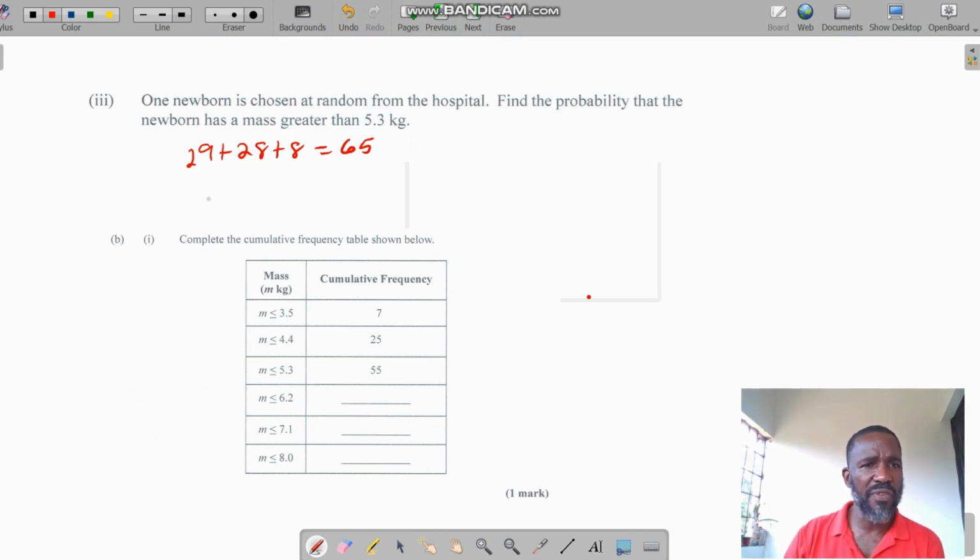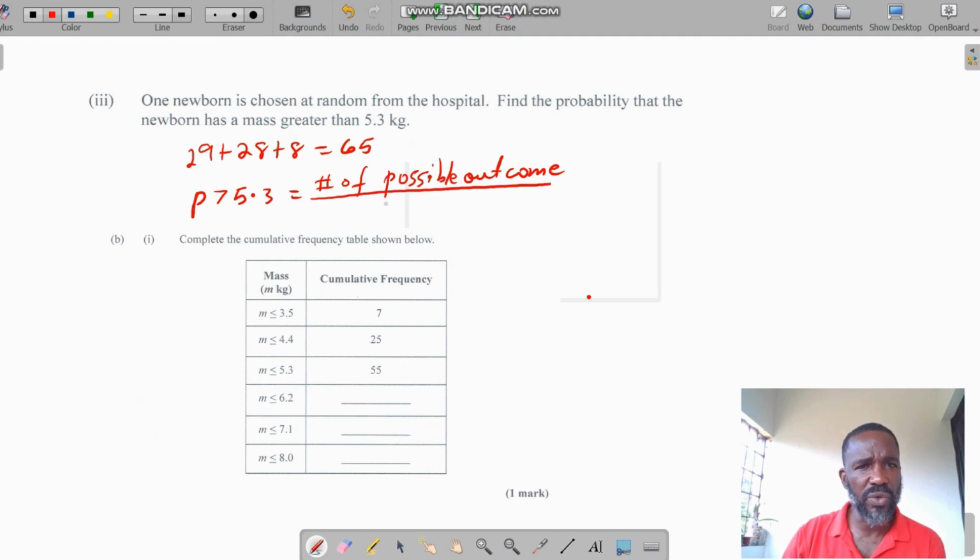Now, whenever we're finding the probability of, say, greater than 5.3, what we are going to look at is the number of possible outcomes divided by the total.